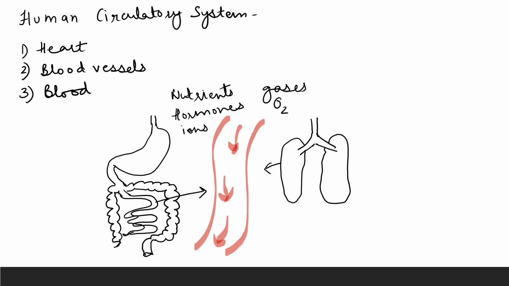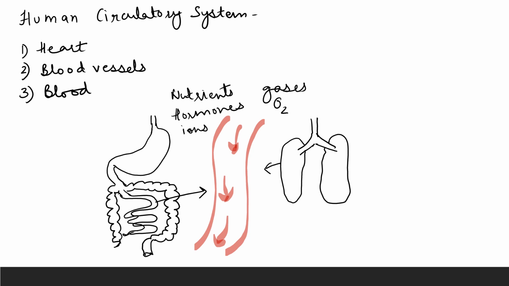That work is done by the blood. Blood will take all these nutrients, hormones, gases, oxygen from one place to another, or you can say from one organ to another organ, because it is important. Every organ in our body needs these things, that is nutrients, gases, everything.